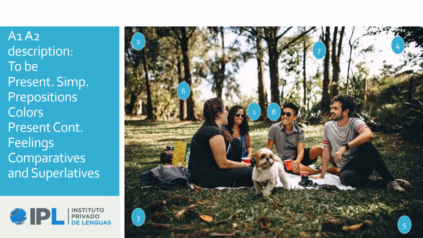Of course, you can mention many other things, or you can mention less things, right? You can use more prepositions like next to the girl, I see a sweater, or they are holding paper cups, or any other details that you see, like most of them are wearing glasses.